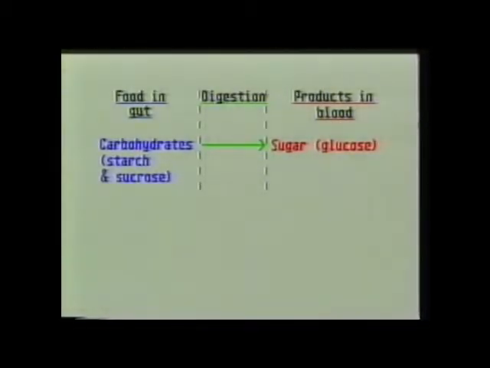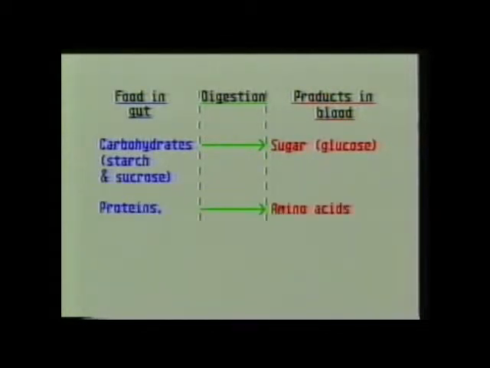The blood plasma is responsible for transporting many of the products of digestion of food. These substances include sugars, mainly glucose, from carbohydrates such as starch and complex sugars. Amino acids are the building blocks of proteins and are the final product of the digestion of proteins in food.